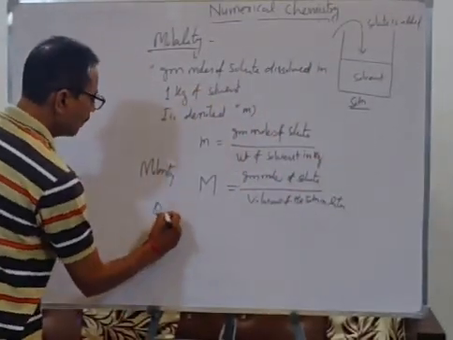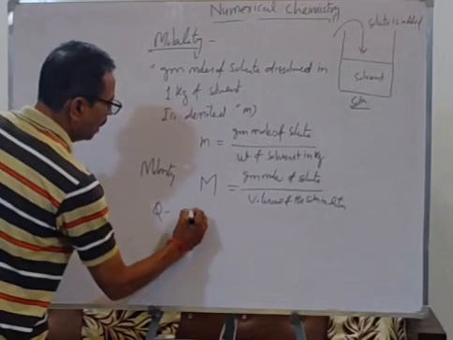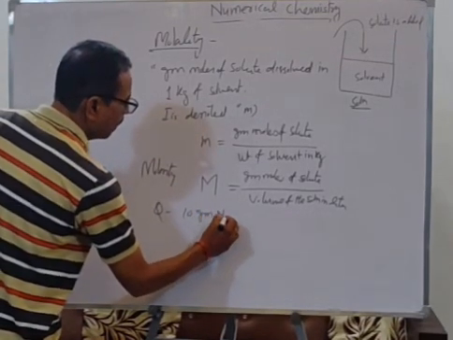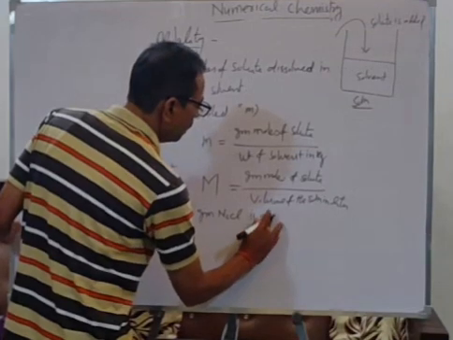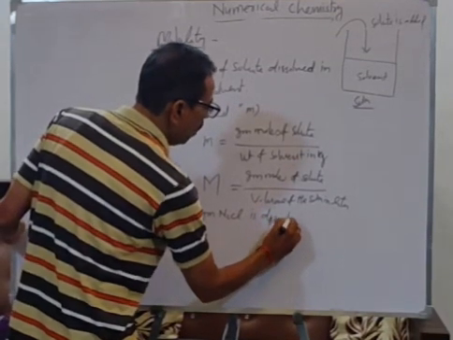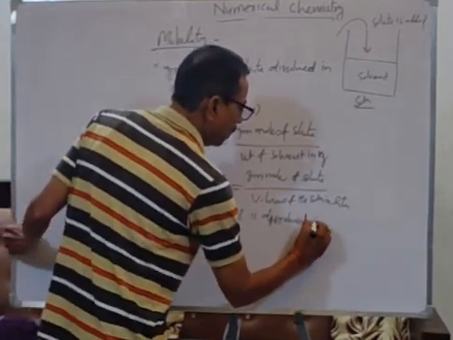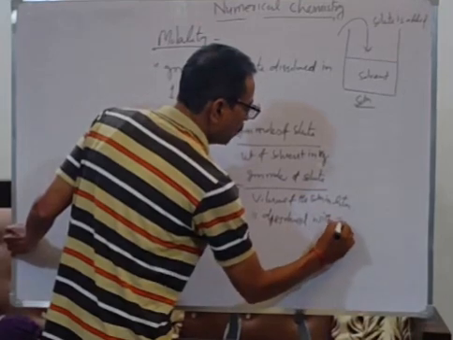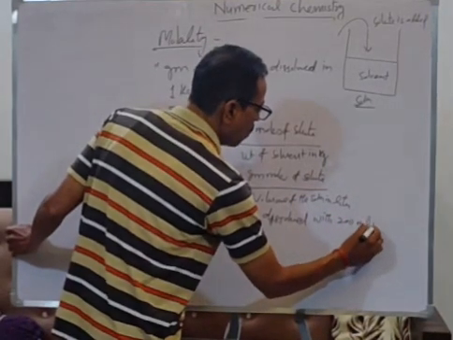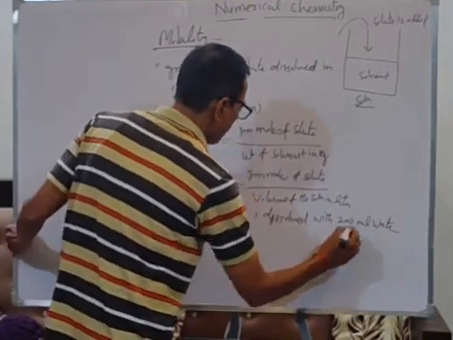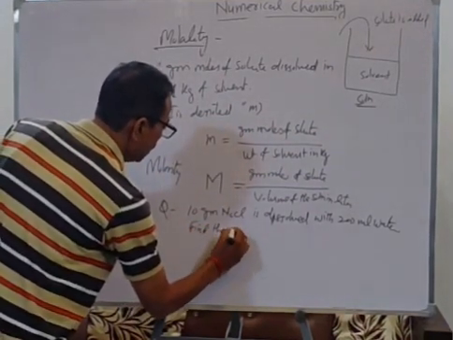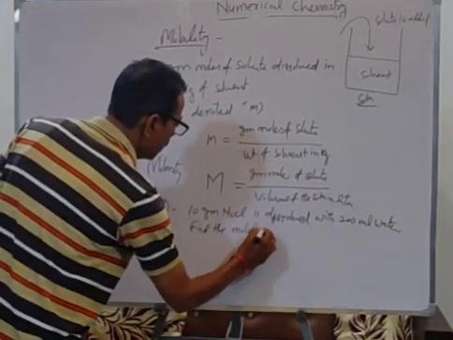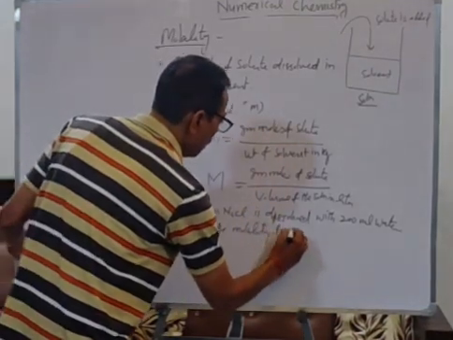Suppose, as one example, 10 gram NaCl is dissolved with 200 ml water. Find the molality of the solution.